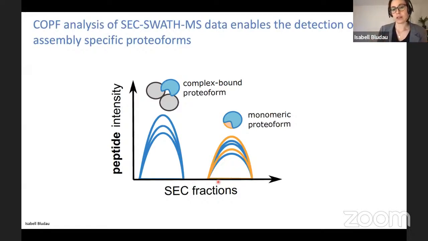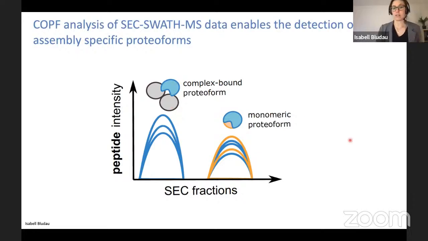In this toy example, I again show all the peptides as lines, and they are all peptides from the same protein. You see that there are two orange peptides that are only present in the low molecular weight peak. This might be very interesting because then we could say that these two peptides are unique to the monomeric form of the protein, and they are absent in the complex-bound form.